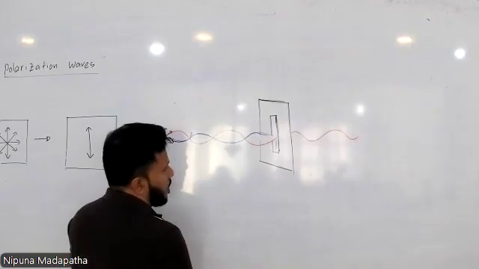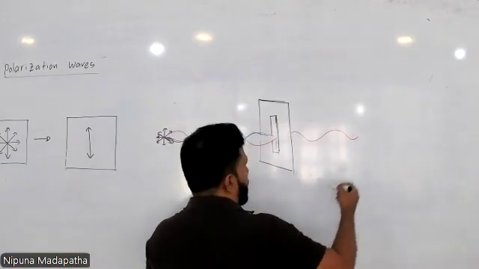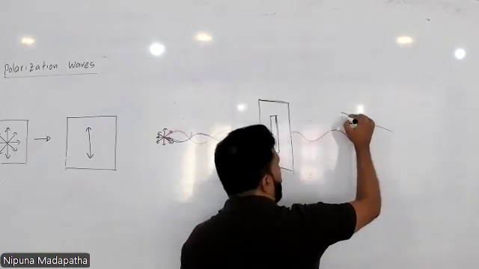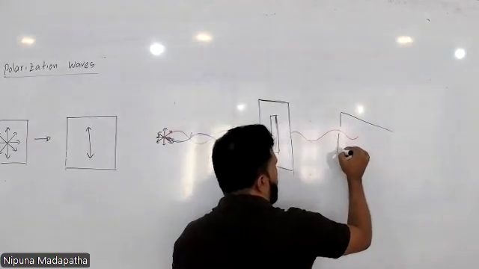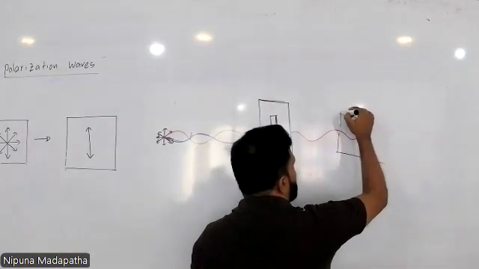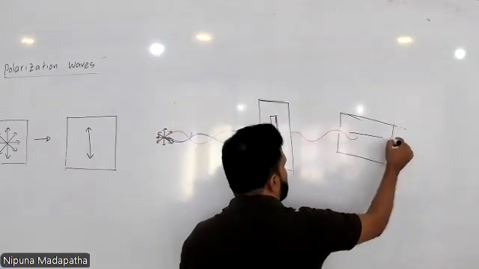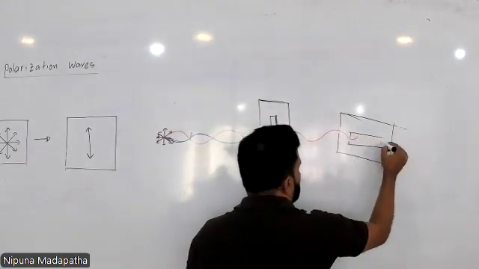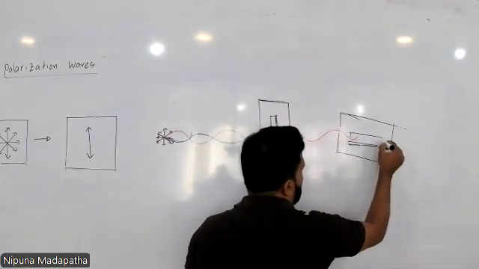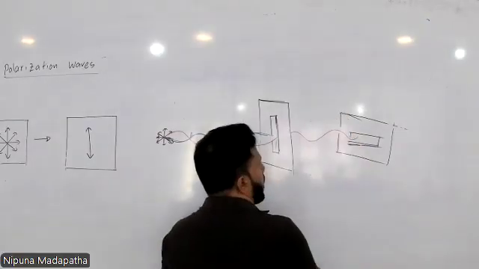Only. So if we have another slit which is a horizontal one, now what can you observe?